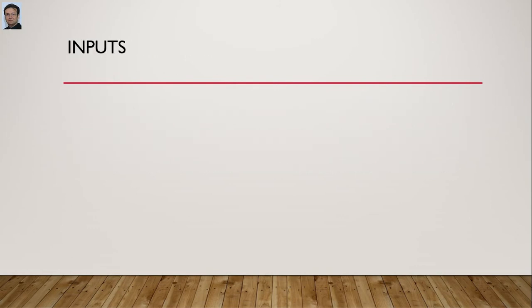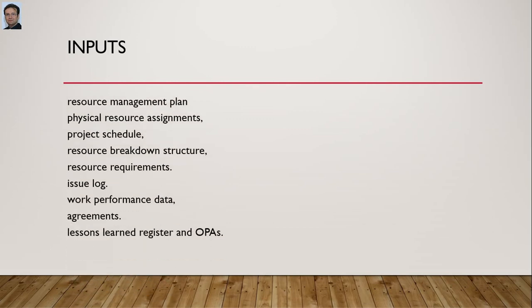So let's discuss the inputs of control resources. First is the resource management plan, similar to manage resources and manage team. Physical resource assignment describes the expected resource utilization along with details such as type, amount, location, and whether the resource is internal to the organization or outsourced.